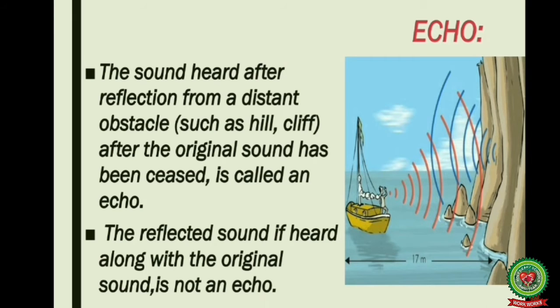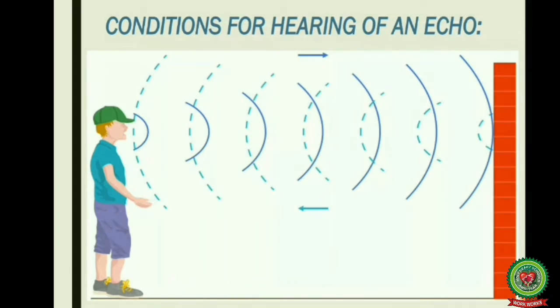Now our next topic is conditions for hearing an echo. An echo is heard only if the distance of the source of sound from the rigid obstacle or reflector is far enough. The minimum distance between the source of sound and the reflector should be 17 meters. The second one is the size of the reflector.